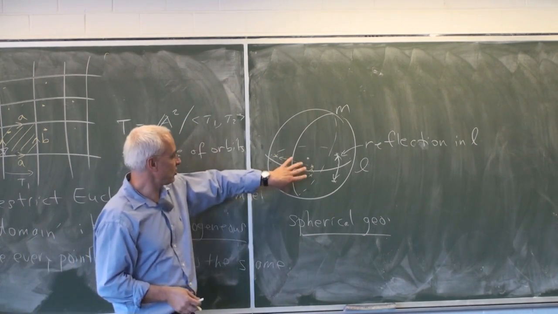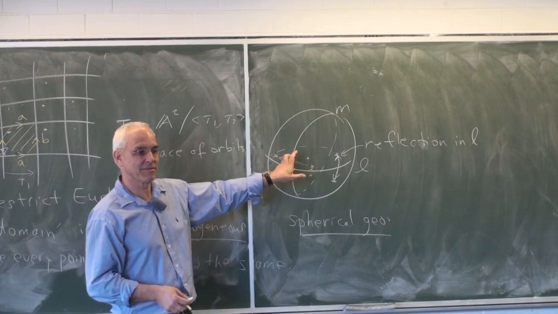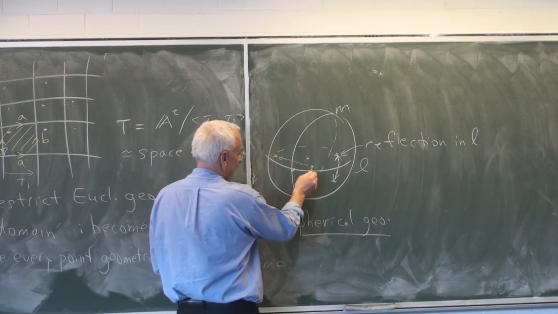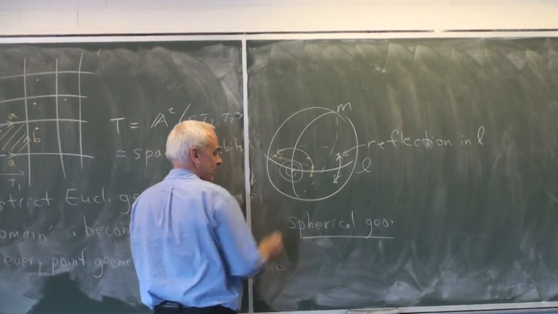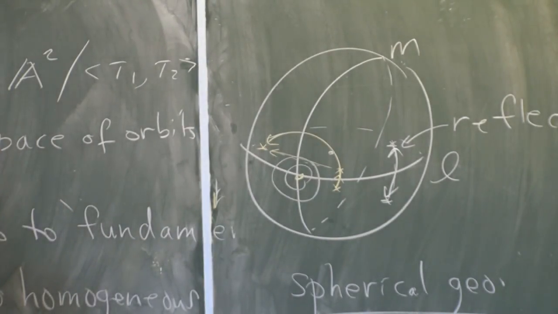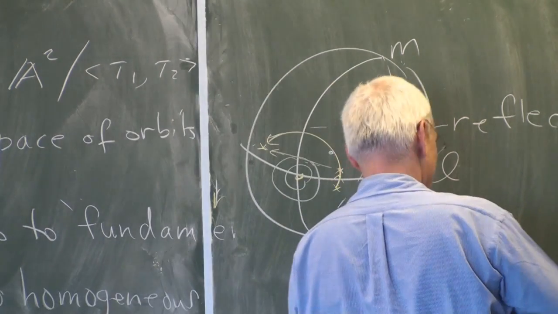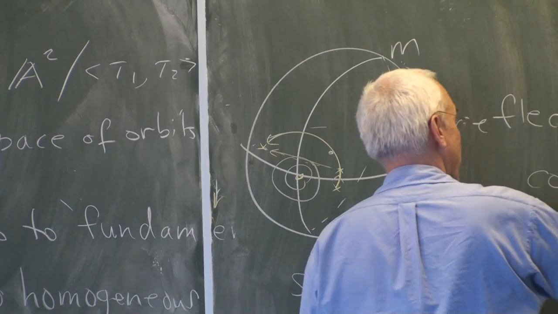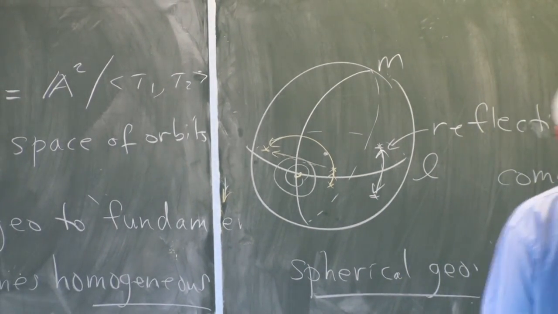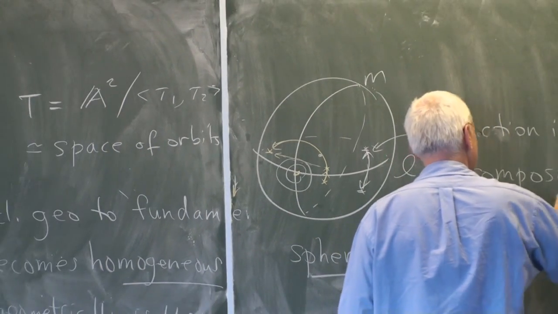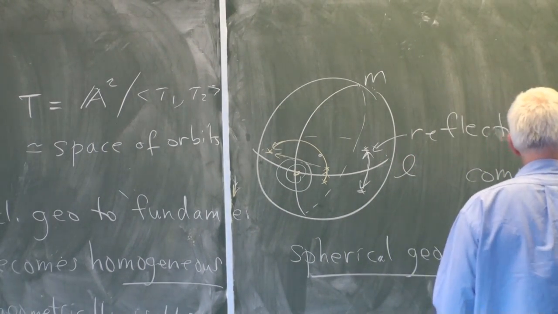The net effect is to rotate. What ends up happening effectively is that you're rotating around meridian circles centered at the point of intersection of the two great circles. So the composition of two reflections is rotation.